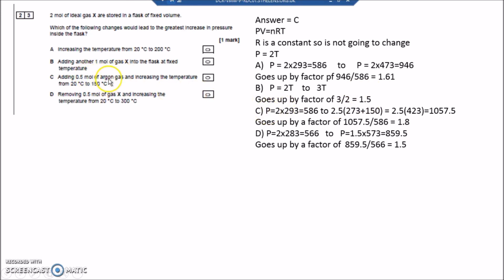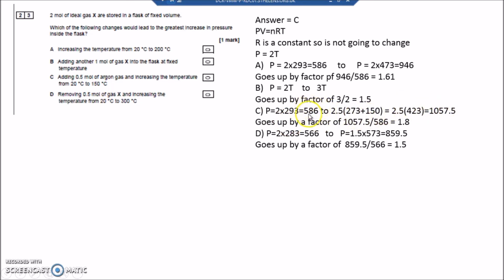C, adding half a mole of argon gas. So the number of moles in the first instance is 2, and then it's gone up to 2.5 because I've added half a mole of gas, and increasing the temperature from 20 degrees C, which is 293, so 2 times 293 is 586, up to 150, so 273 add 150 is 423, multiplied by 2.5, because I've got 2 moles of gas and another half, it's gone up to 1057.5.